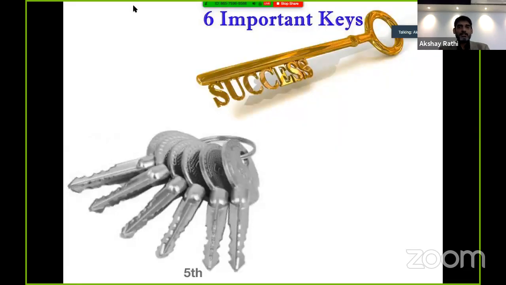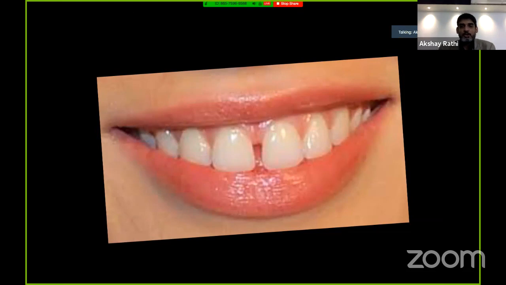The fifth key, and let me share this picture with you. What is wrong in this smile? This patient has got perfect tip, perfect torque, class 1 molar relationship, absence of rotations. What is wrong in her smile? There is spacing, and there shouldn't be any spacing.